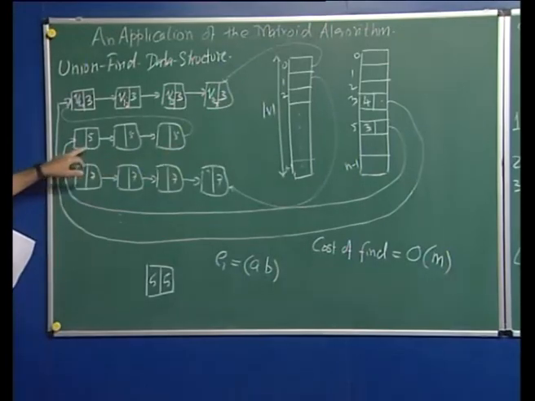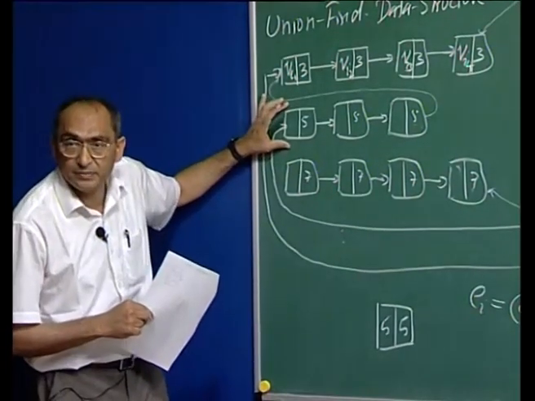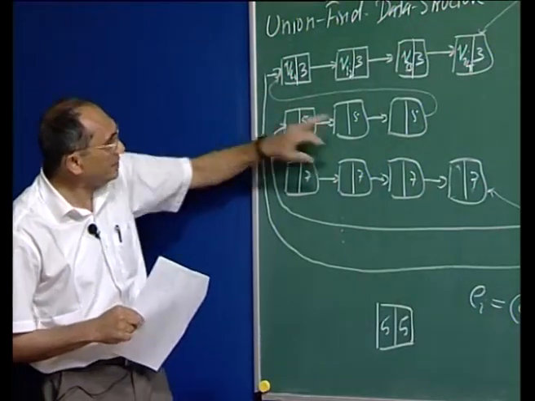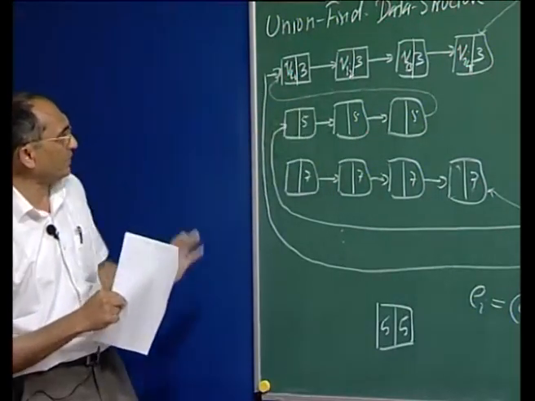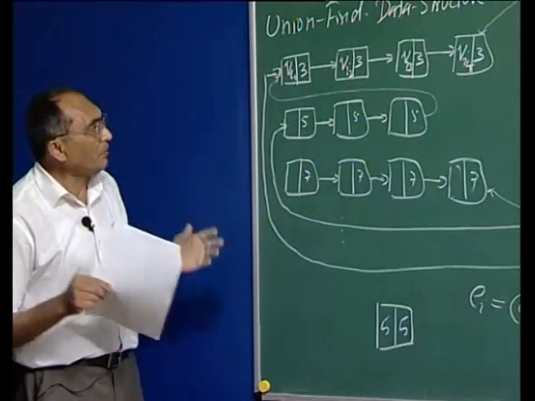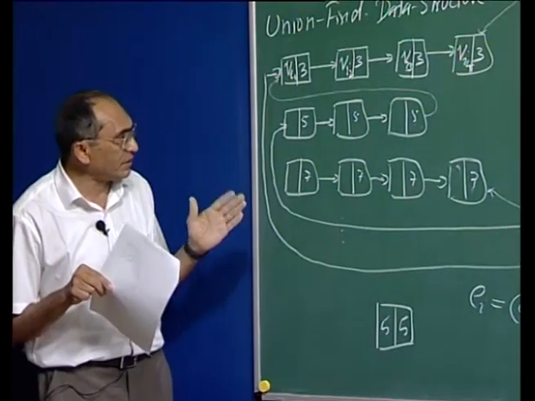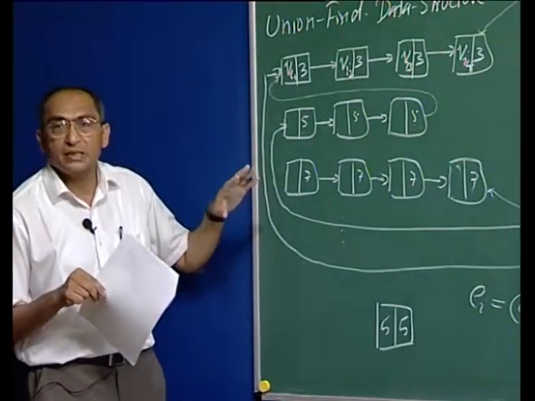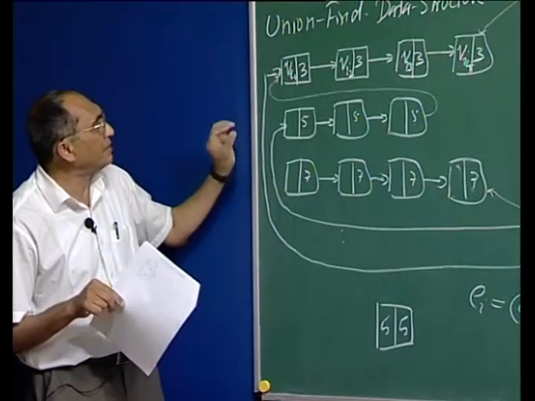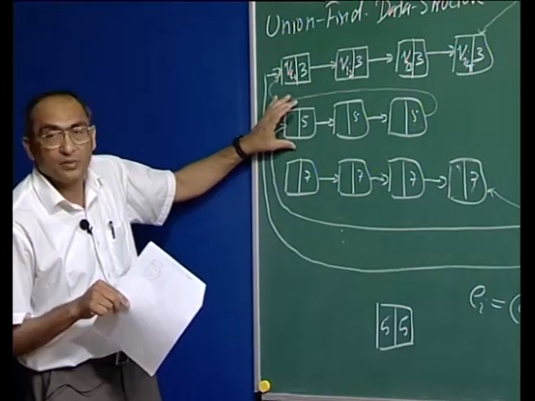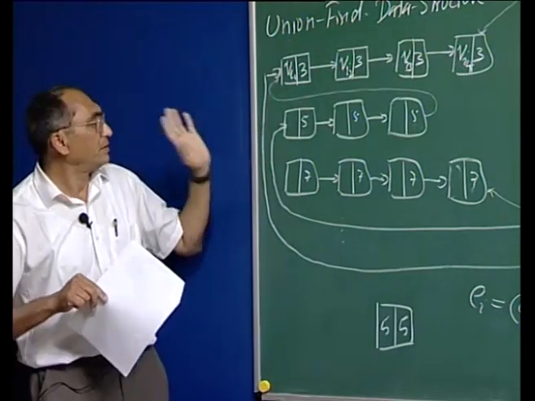The cost associated with this operation is the size of the smaller set plus a unit cost, which we will account for later on. So the cost of the union is the number of relabels performed on all the nodes.